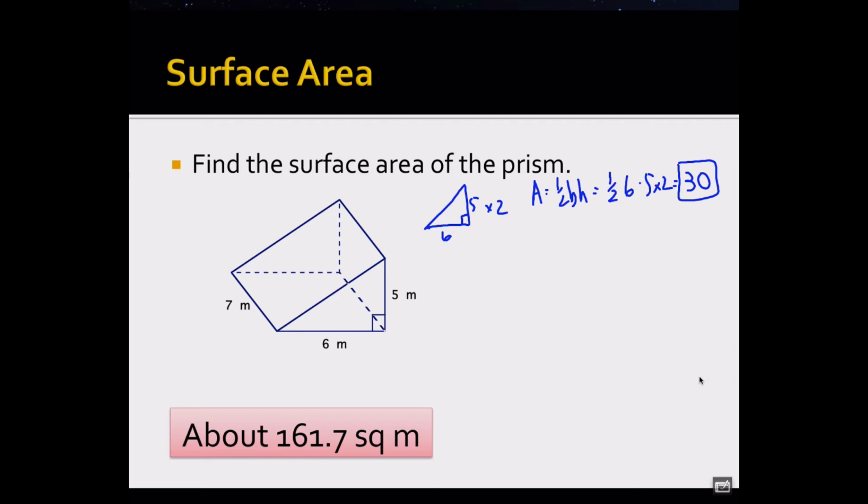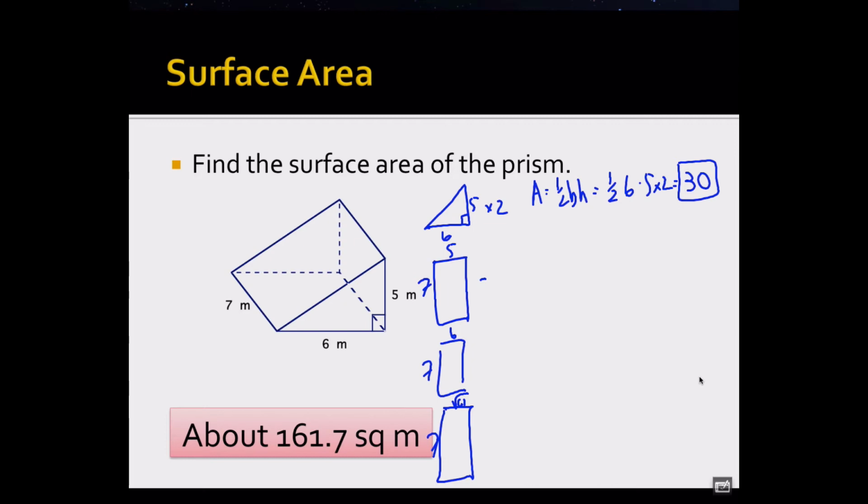What can you tell me about the rectangles? Are they all the same? No. Are any of them the same? No. I've got three of them. One is 5 by 7. The other one is 6 by 7. And the third one is 7 by the square root of 61, using the Pythagorean theorem.